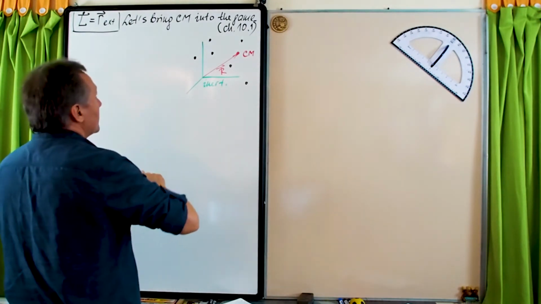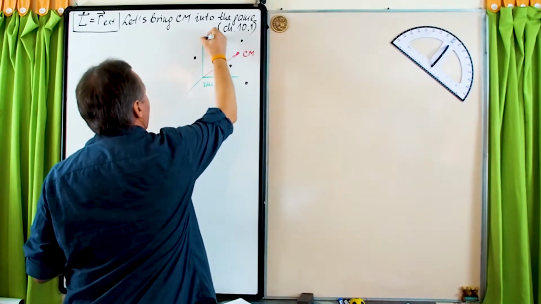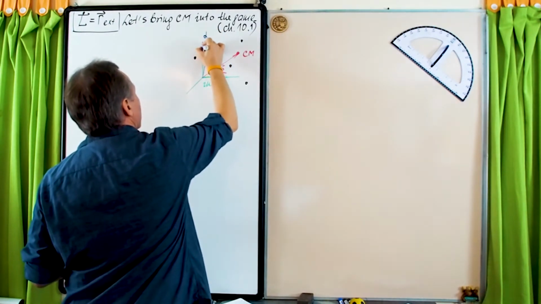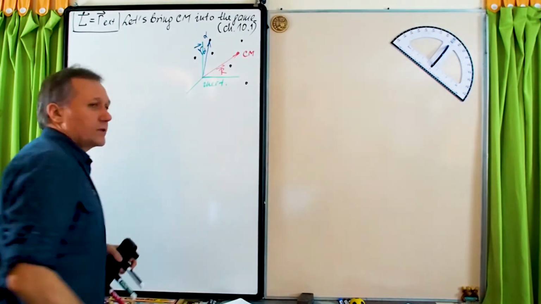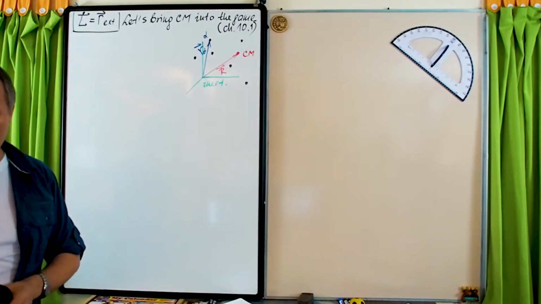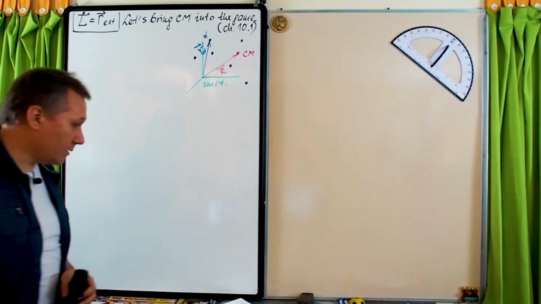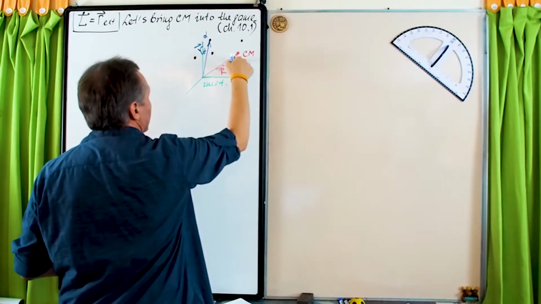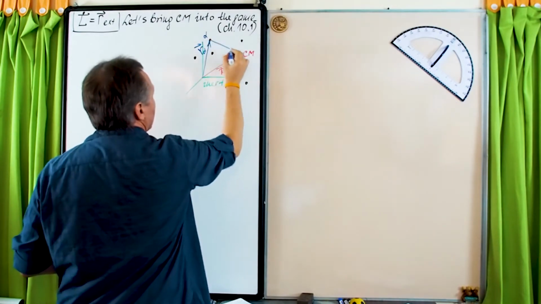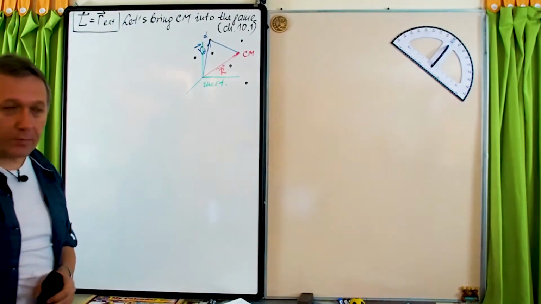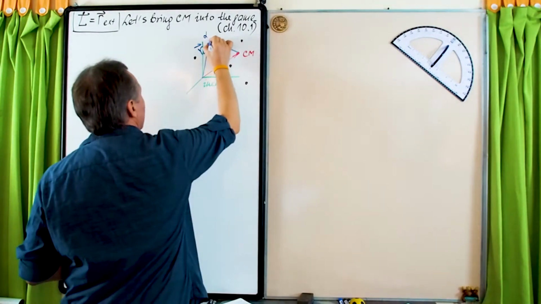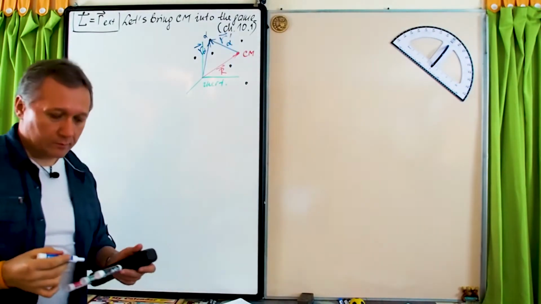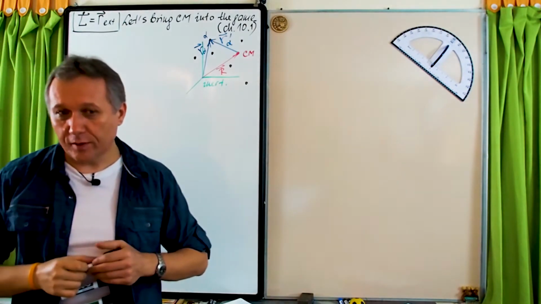And let's assume that this is some arbitrary particle alpha. Position of that particle can be described by the position vector r sub alpha, r small. And position of this particle relative to the center of mass can be described by, let me introduce this vector, r alpha prime.